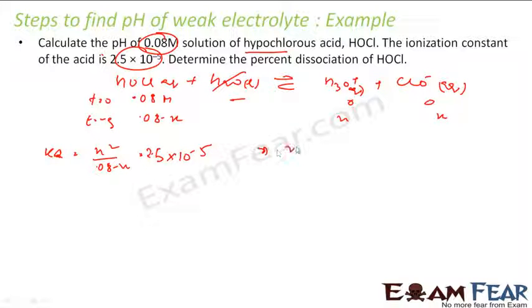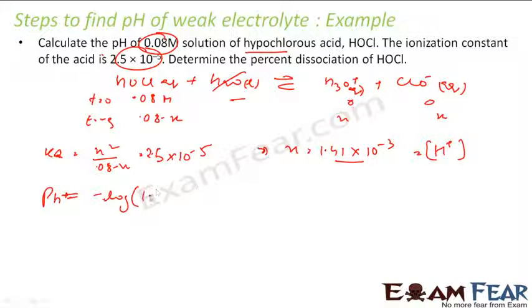So with this, if you solve, the value of x comes out to be 1.41 into 10 to the power minus 3. This is nothing but my H plus ion concentration. So my pH is what? Minus log of H plus ion concentration, that is this guy, 1.41 into 10 to the power minus 3. You solve this, you get 2.85 as the pH. And that is my answer.